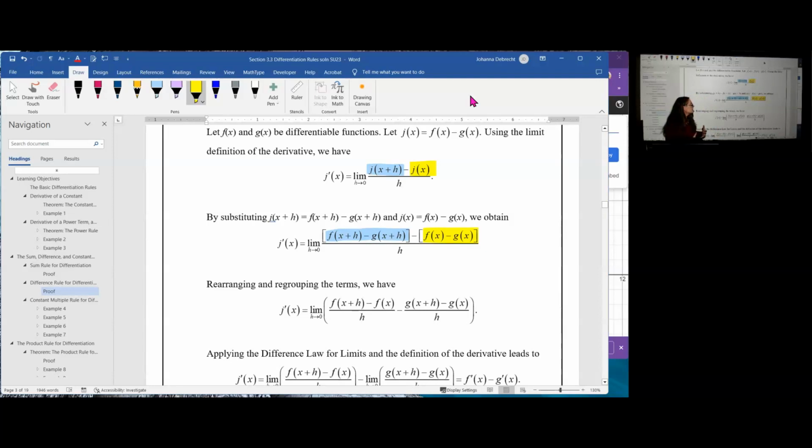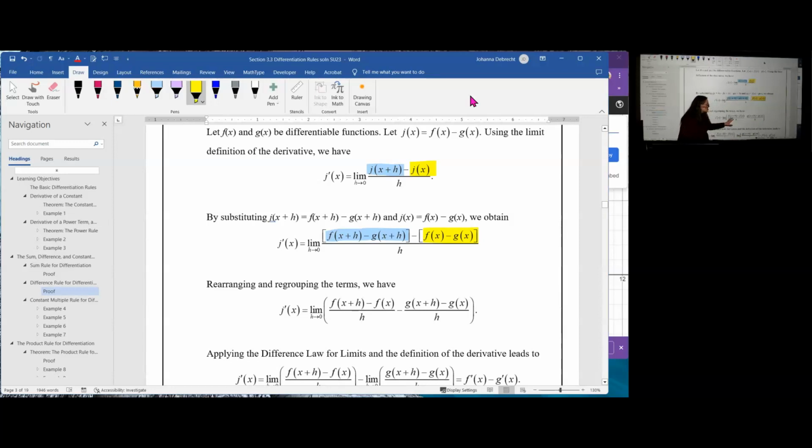In this case, we want the f of x to come over next to the f of x plus h, and g of x plus h to join the g of x. We have to be a little careful with the signs, and in fact, we factor out a common negative from the ones with g.